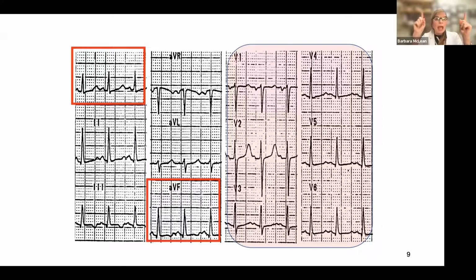So this is a normal axis, upright in one, upright in F. It has to be primarily upright in one, primarily upright in F. And everybody can see that both of those are upright. Different from when you look over here, just to make a comparison, at AVR when it's downwards, okay? But I'm not using AVR, I'm using lead one and AVF. Up, up, normal axis. Perfect.